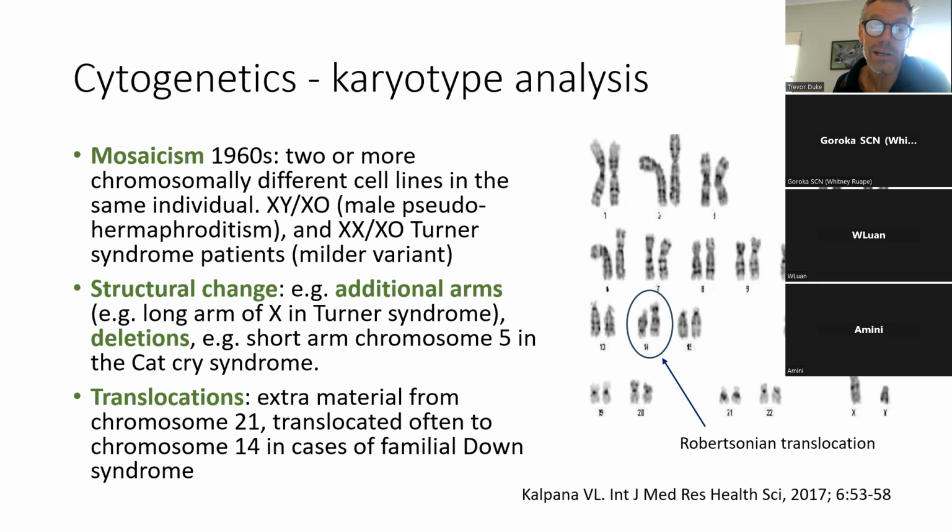It relates to the time in embryo development when the abnormality occurred. If the abnormality occurs after the initial first phases of cellular duplication, then some of the cells will be normal, and those cells that develop from the earliest embryonic cells that contain the translocation will be affected. Usually when children have mosaic Down syndrome, they have a milder form of Down syndrome.